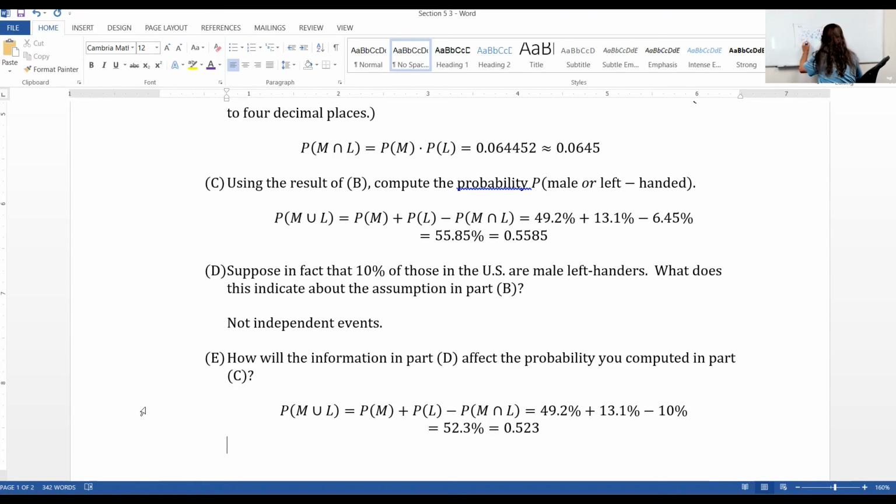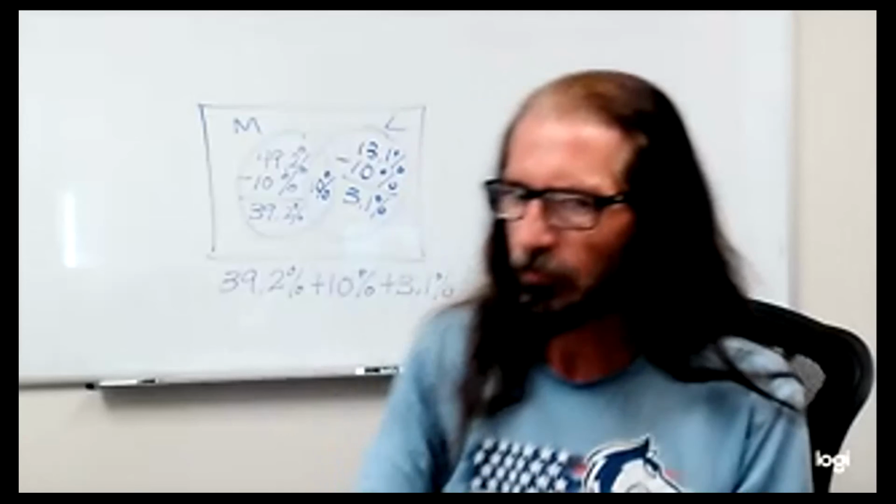we get 39.2% in the US that are male but not left-handed, and or just wants us to lump all these together. So we could add up the following three things and get our 52.3%.